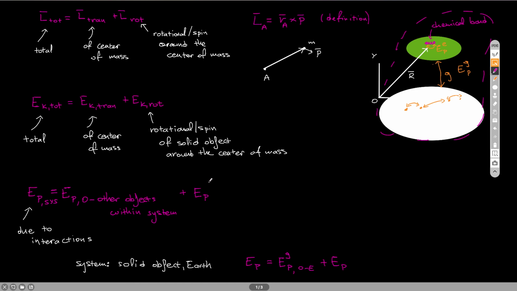I do want to make a connection between this and how we use energy conservation. We probably have seen this in the past. If you think about how many atoms a solid object has, how many particles the Earth has, it is a huge number of particles. It is practically impossible to know the interactions and the potential energy of all pairs of atoms within a solid object.